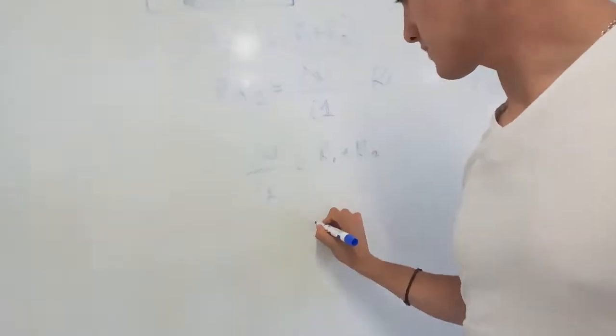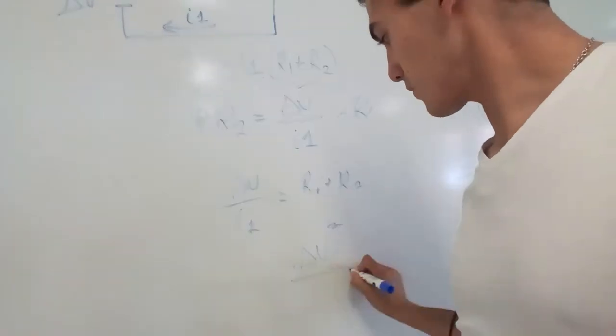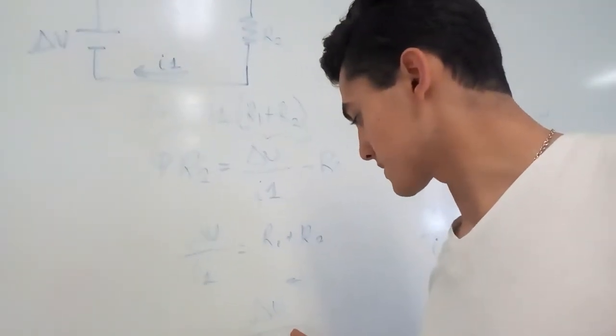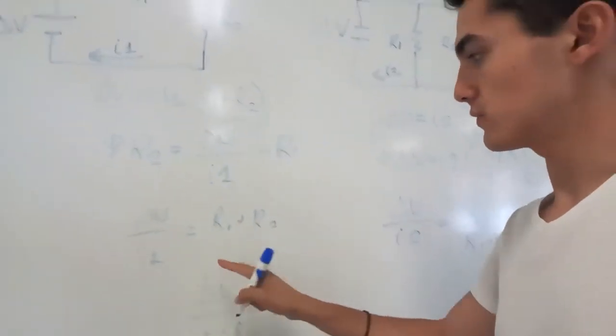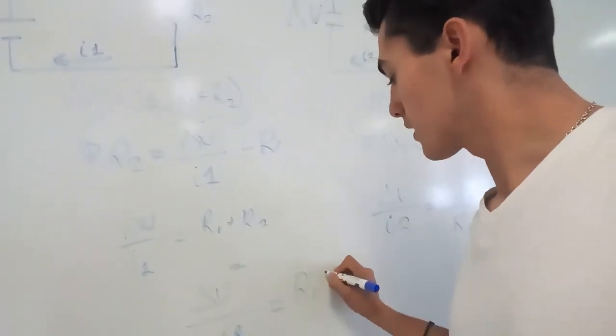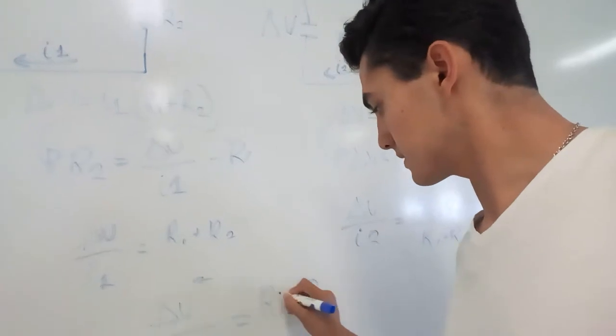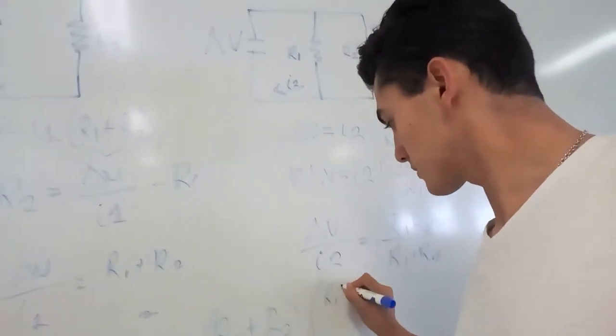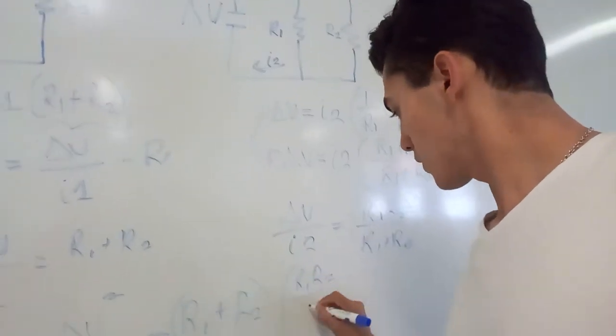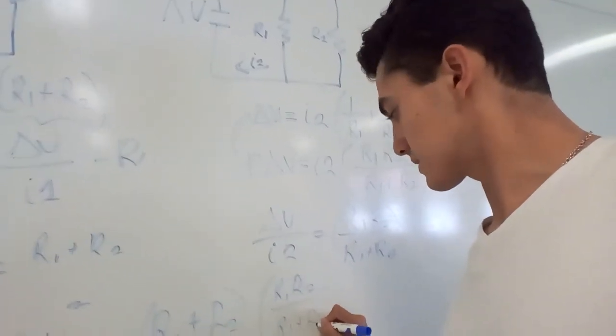So the difference of the voltage squared over the current 1 times the current 2 will be equal to this first one, the resistance 1 plus the resistance 2, times all this part, resistance 1 times resistance 2 over resistance 1 plus resistance 2.